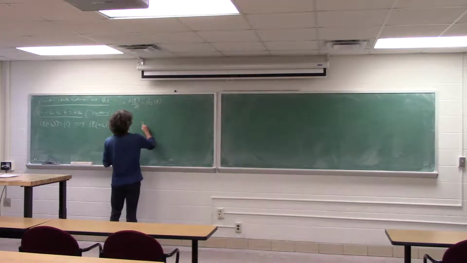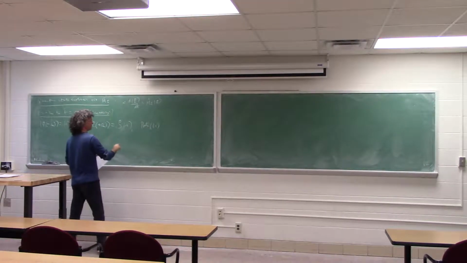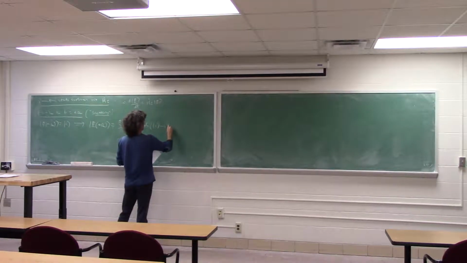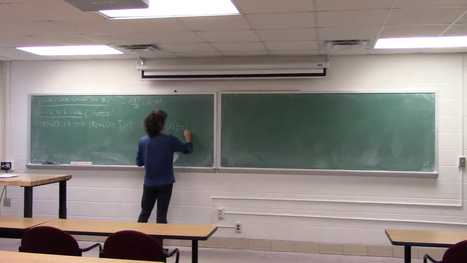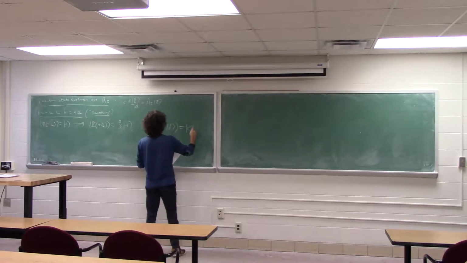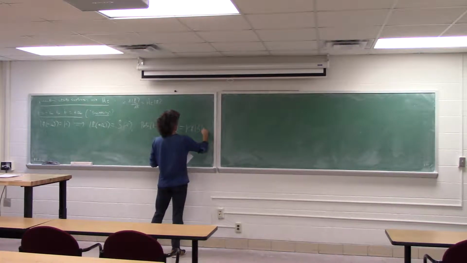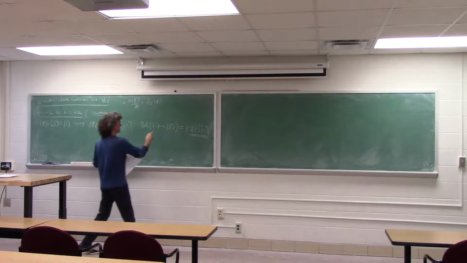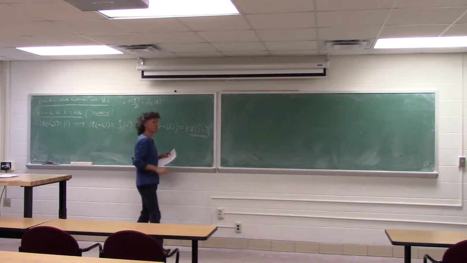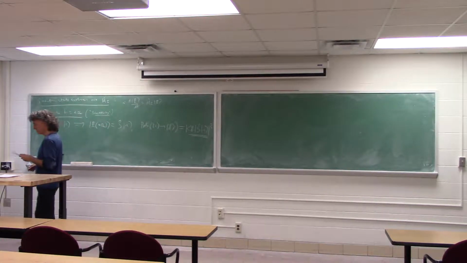If I measure the final state, the probability that I find the state f is equal to the modulus squared of f S hat i. So this is the probability for a transition from the initial to final state, given by the modulus squared of this matrix element.